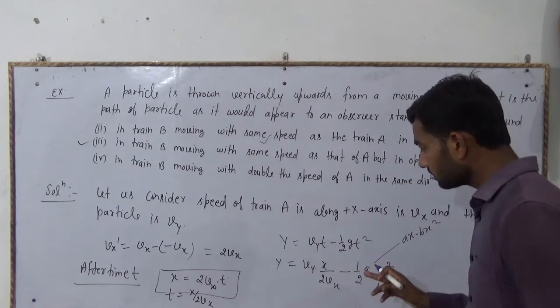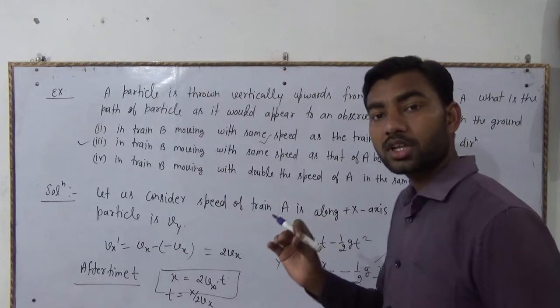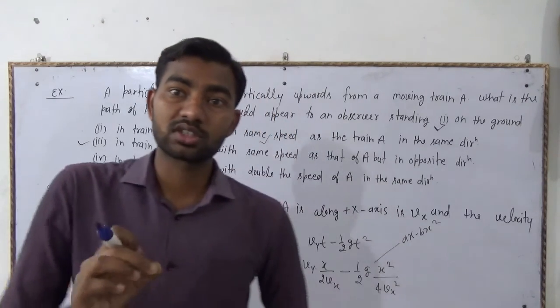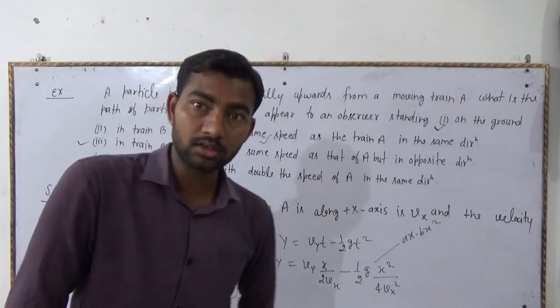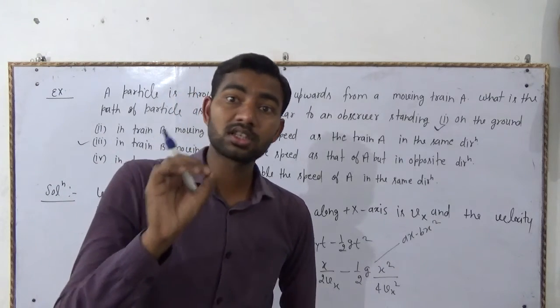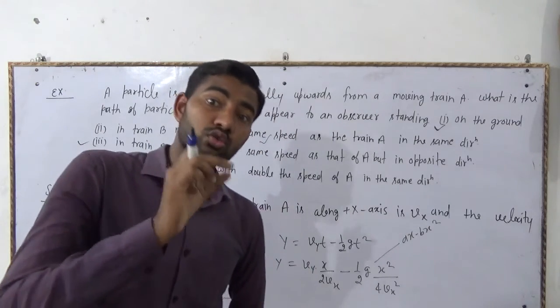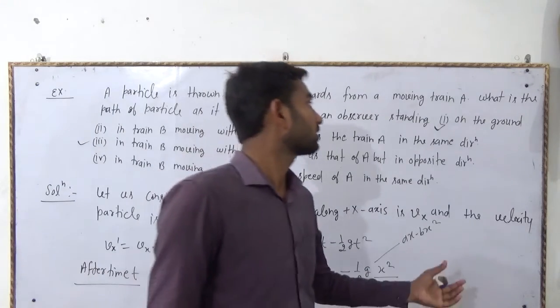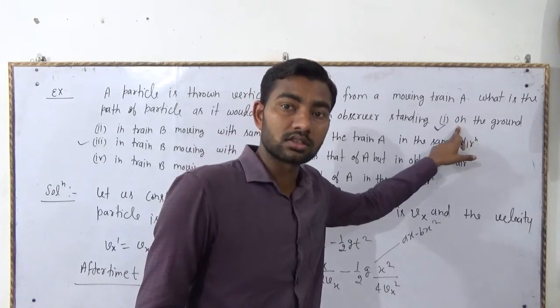But here its semi-latus rectum, which is present in a parabola, is 2 times the result we found in the previous condition.